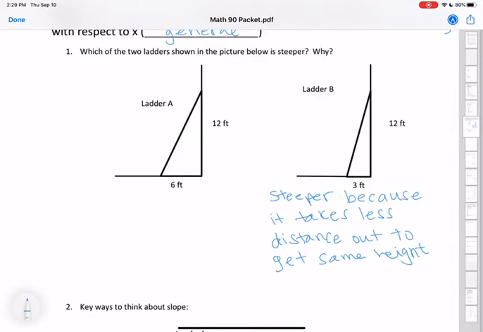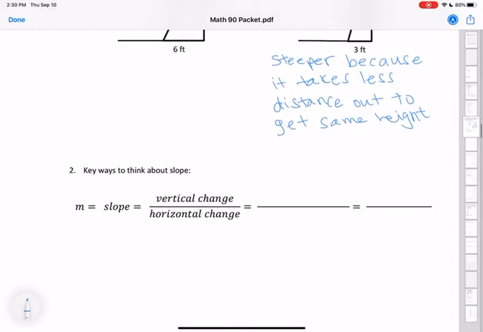All right, so key ways to think about slope. So I just have m equals slope equals, then I have vertical change over horizontal change. Do you remember which one is vertical when you're talking about x's and y's? The vertical one is the y, okay? So here it's going to be the change in y over, what do you think, the change in x.